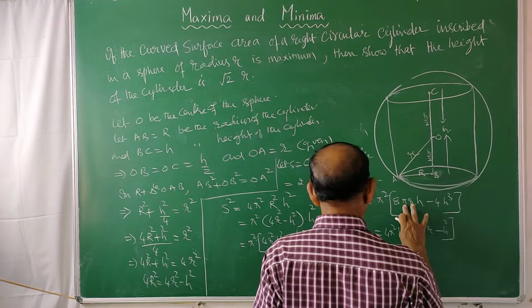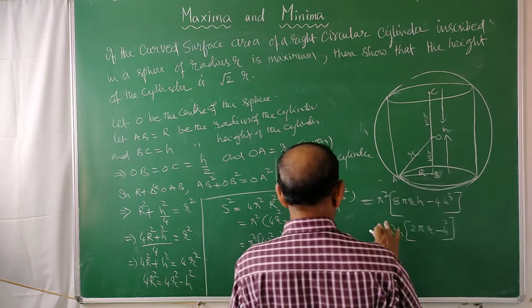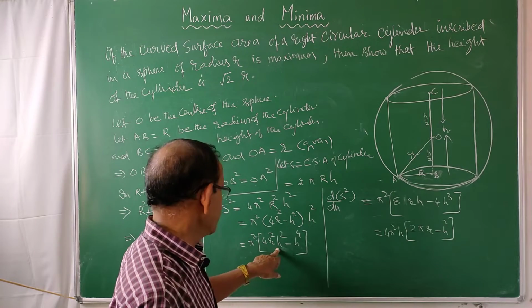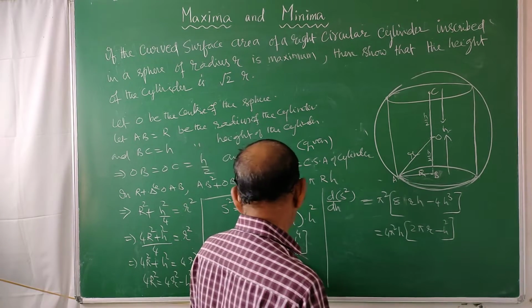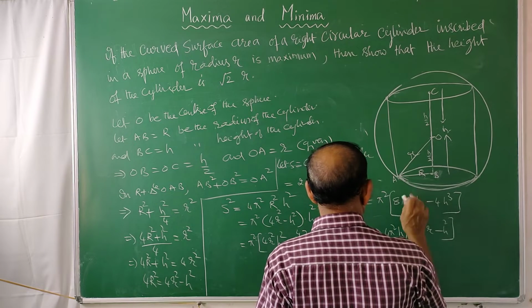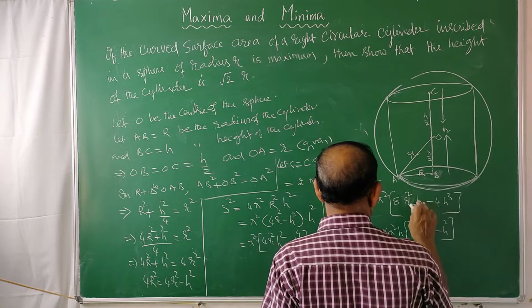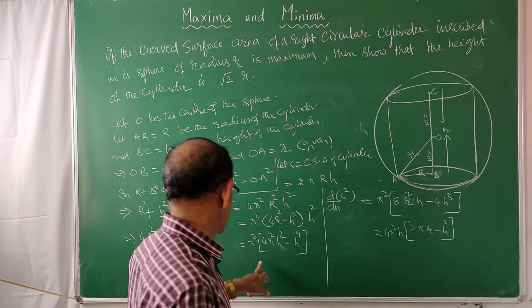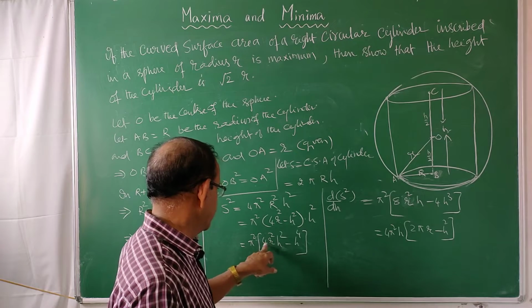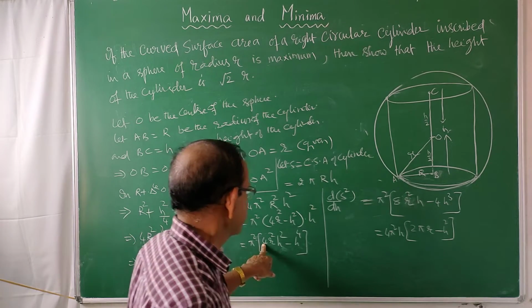So this is the 4r square h square derivative, so you won't get pi inside. 4r square into 2h only. 4r square is constant, h square derivative is 2h into 4r square, 8r square h.